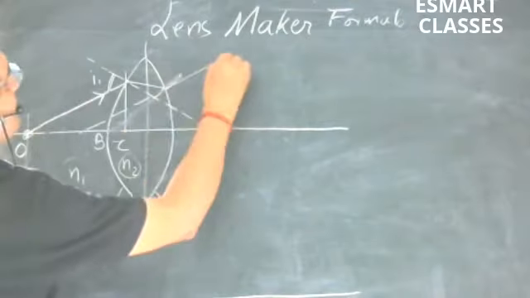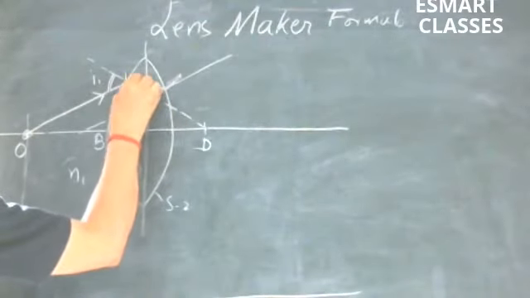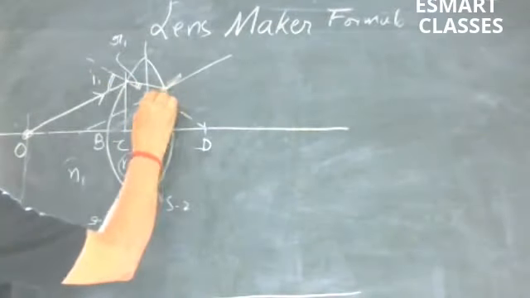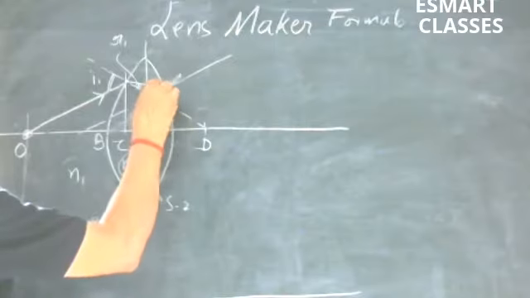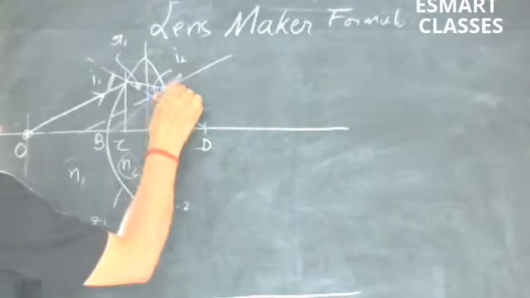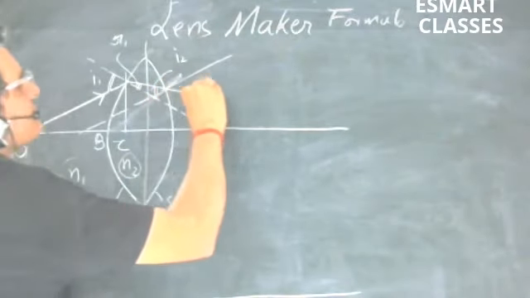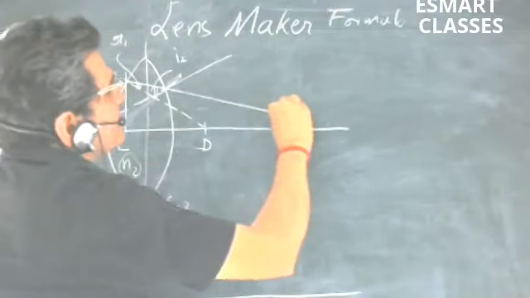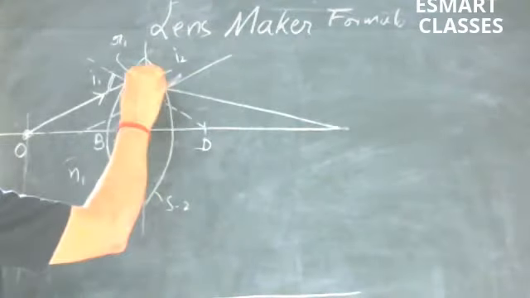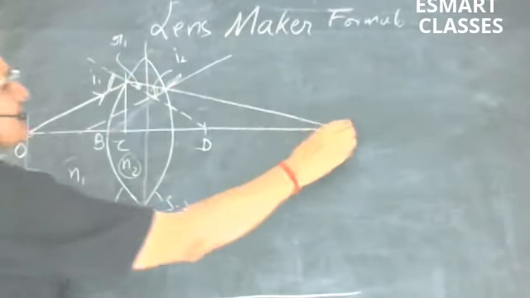So this is the normal, and this angle is R1, this angle is R1, this is the normal, so this angle is I2. Draw a straight line, I'll show it with a slightly different trace, so that this is the path of the ray after first refraction. This is not the image point.